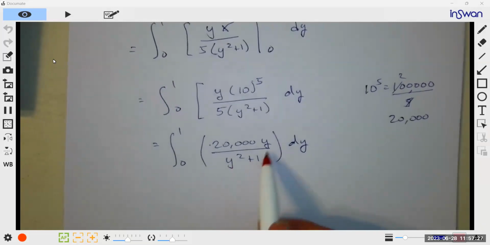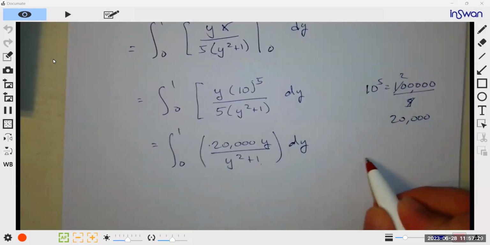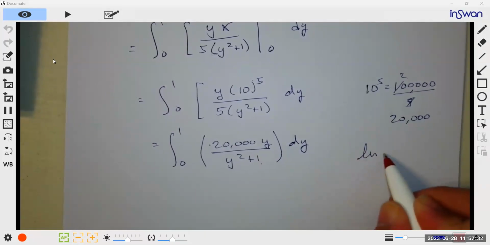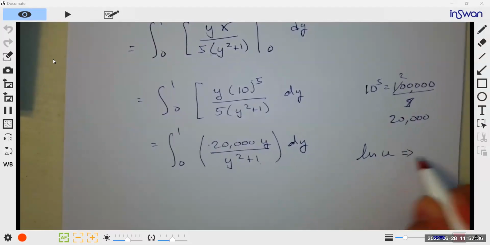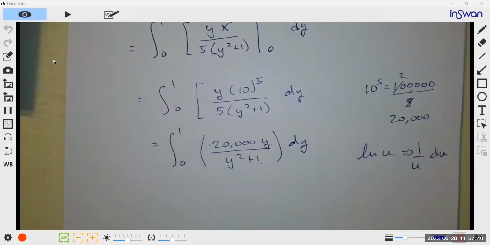Since we have a y squared plus 1 and a y on top, remember the derivative of ln u is 1 over u du times the derivative of whatever's inside.